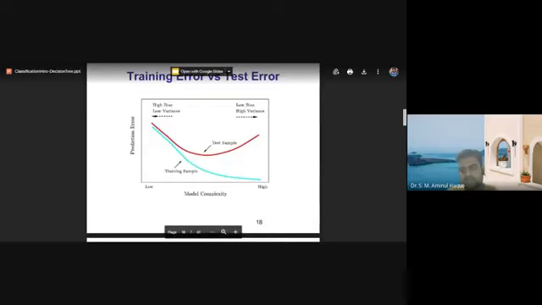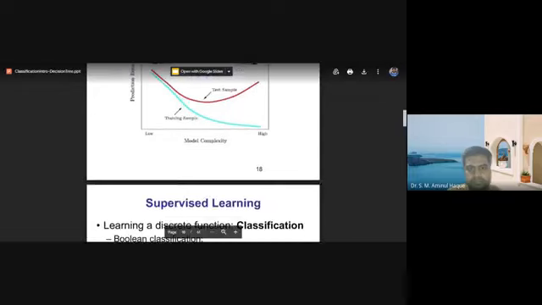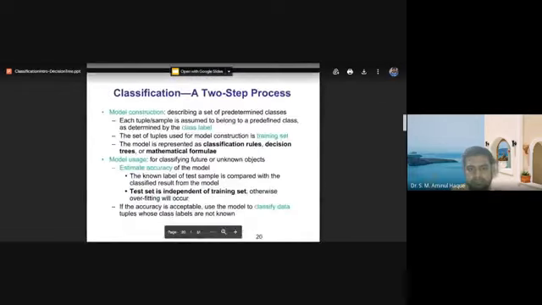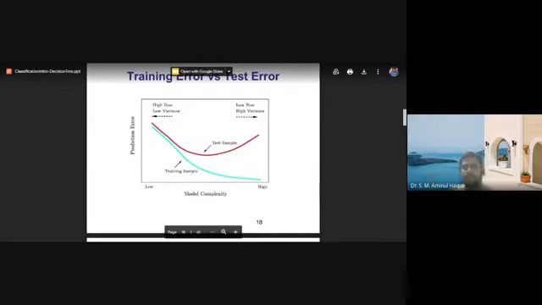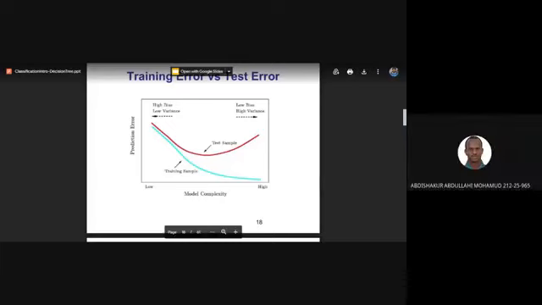Model complexity high, it's overfitting. I have posted it in the chat box. Did you get that? I get it. Thank you.